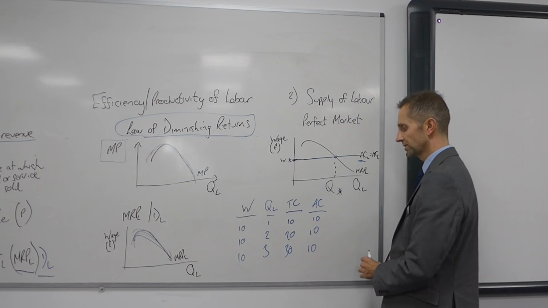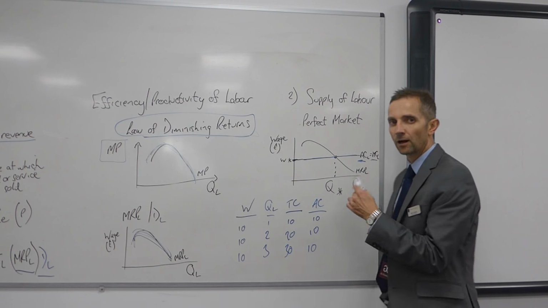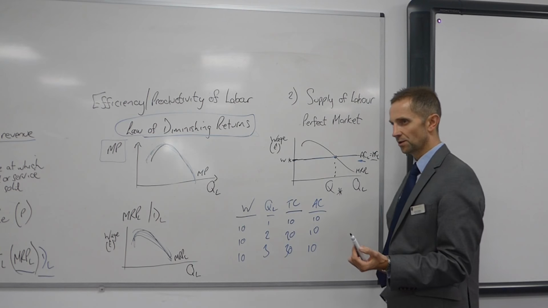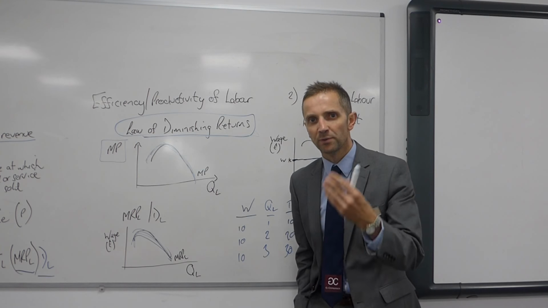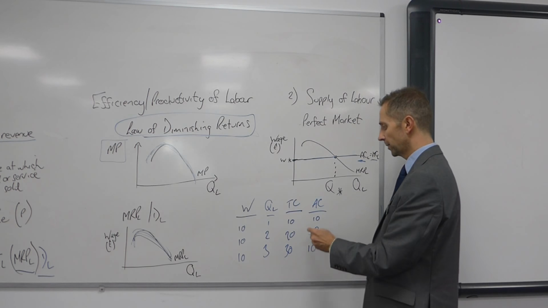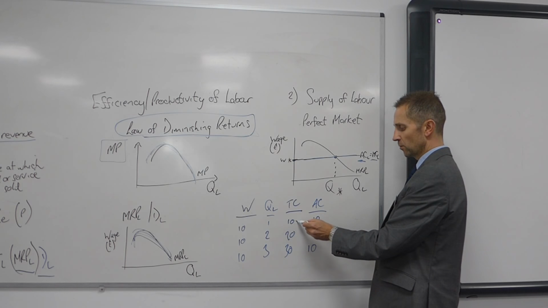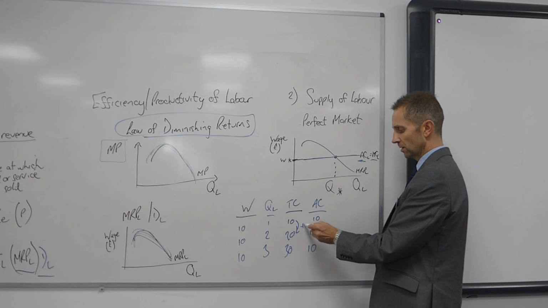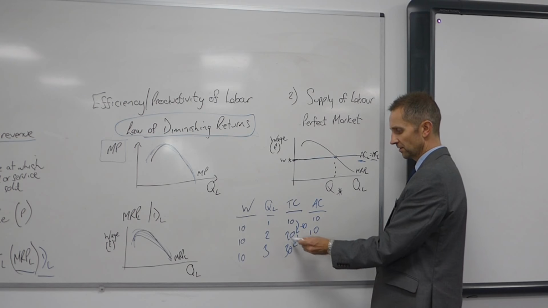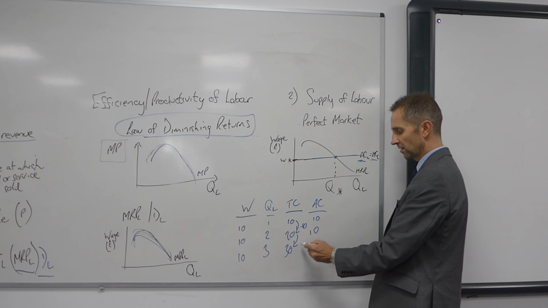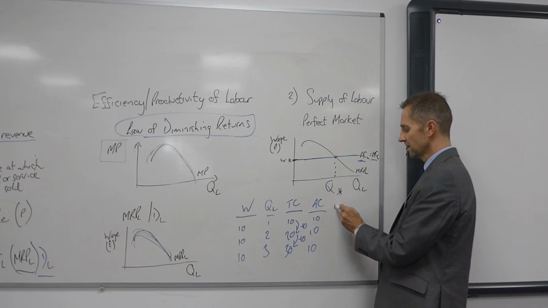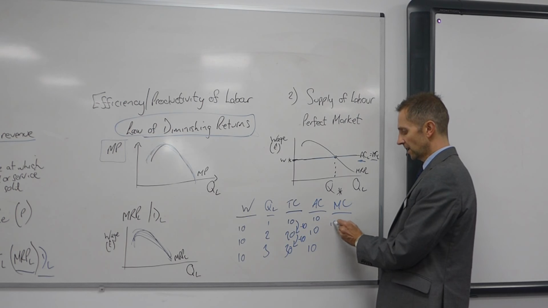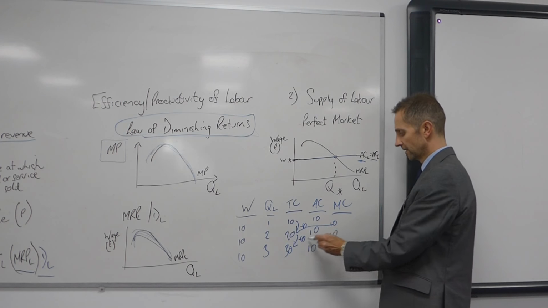So it's our average cost. And then what about our marginal cost? So the extra cost of employing one additional unit of labour. So when we go from 1 to 2, that's a marginal of 10. When we go from 2 to 3, 20 to 30, that's a marginal of 10. So MC at the halfway points is also 10.